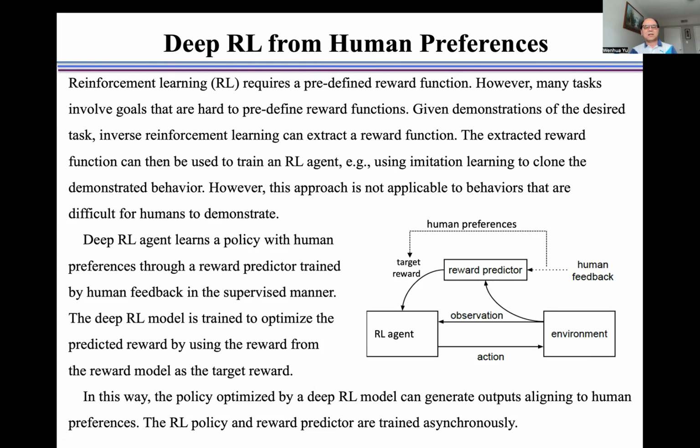In this way, the policy optimized by a deep reinforcement learning model can generate outputs aligning to human preferences. The reinforcement learning policy and the reward predictor are trained asynchronously.